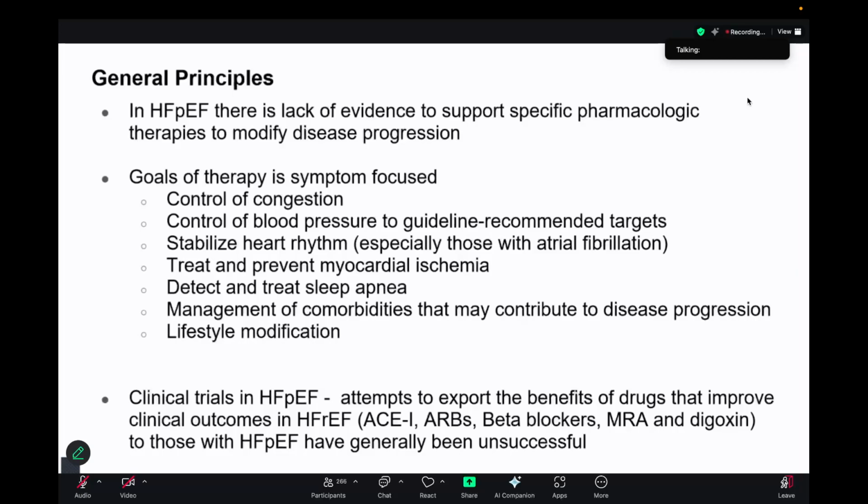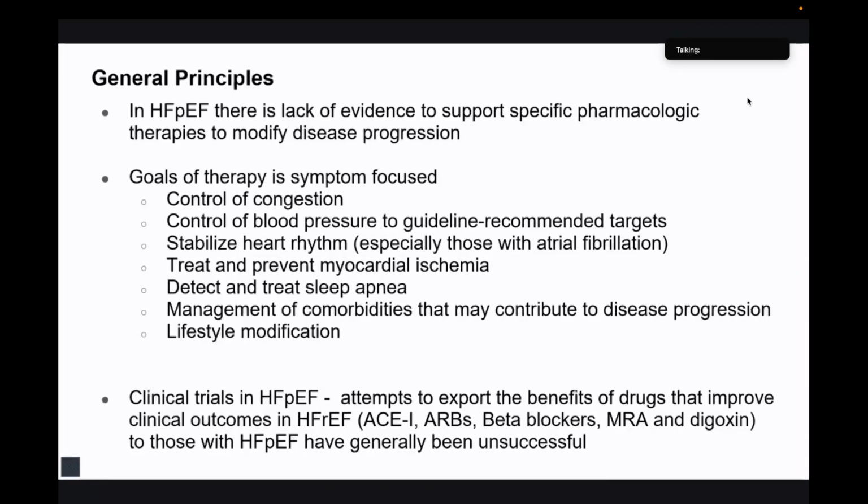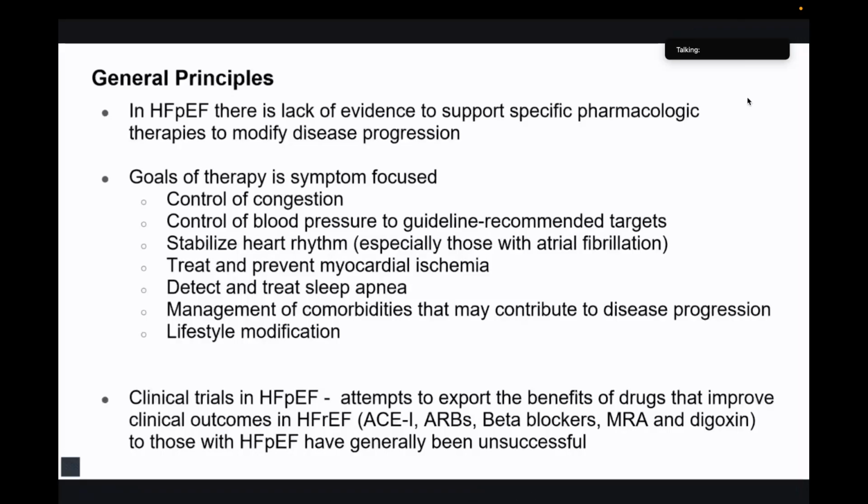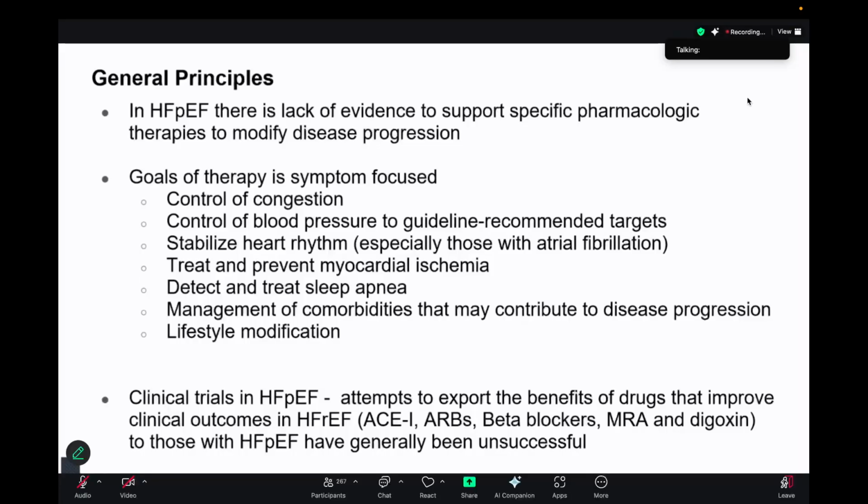If the patient has high blood pressure, control BP to guideline recommended targets. Stabilize heart rhythm. If the patient is known to have atrial fibrillation, then you control the heart rate or consider converting them to sinus rhythm with other medications.